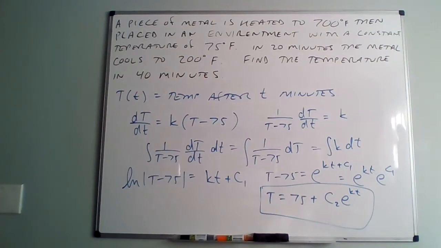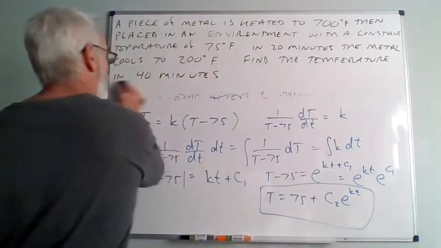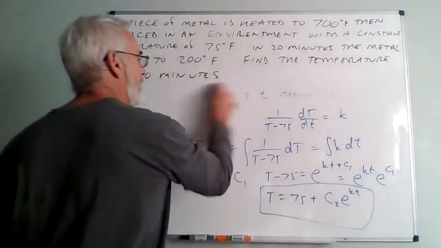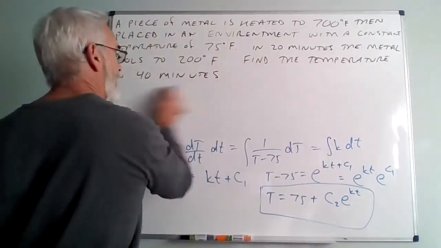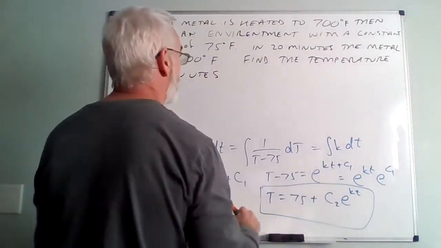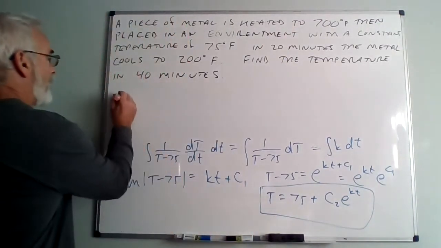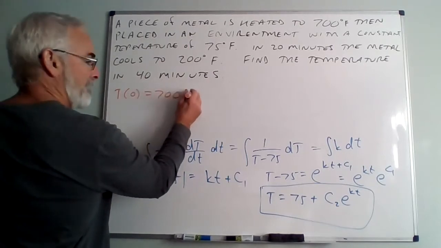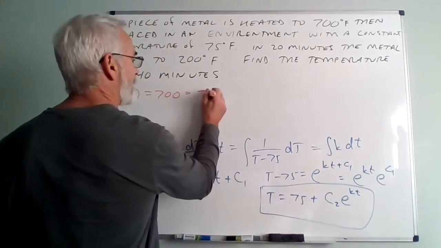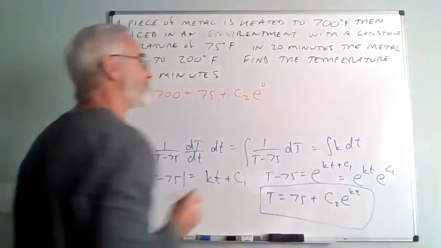Now we can easily solve for C2 because we know the temperature at time 0. At time 0, we started at 700 degrees. So we have T(0) equals 700, which equals 75 plus C2 e to the 0.